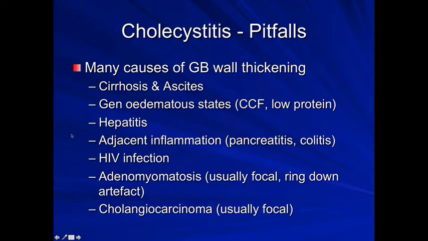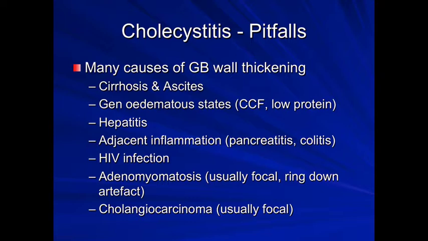So what are the pitfalls of ultrasound for cholecystitis? Well, probably the most important thing to remember is that there are actually many causes of gallbladder wall thickening apart from cholecystitis. This is a list of some of the more common ones, but there are actually even more than this.